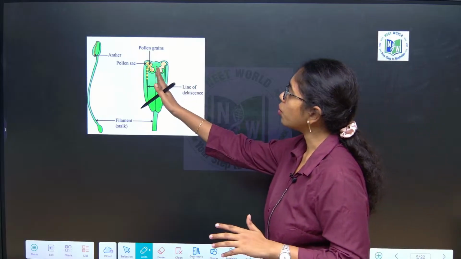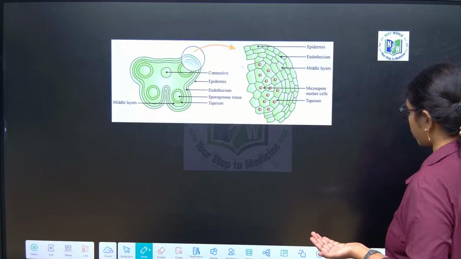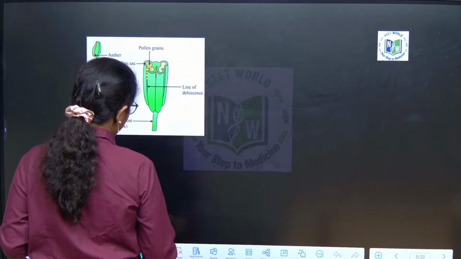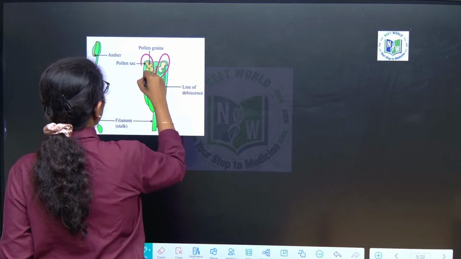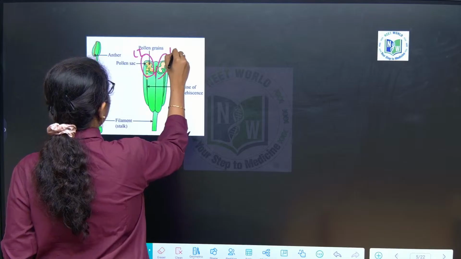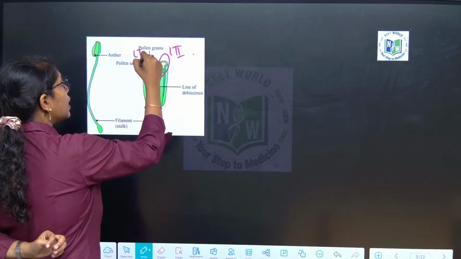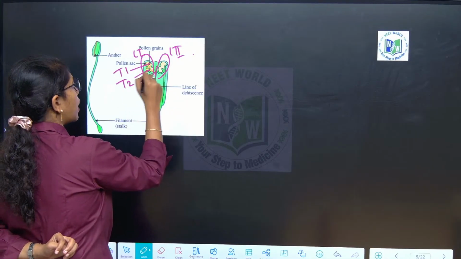If you look into the transverse section of the anther, you can see the anther is bilobed, wherein it has two lobes, lobe 1 and lobe 2. Each lobe has two theca, theca 1 and theca 2.